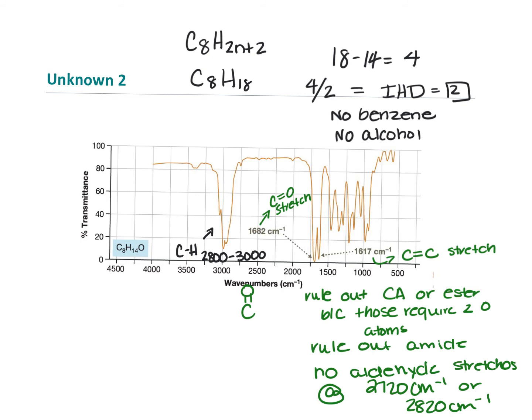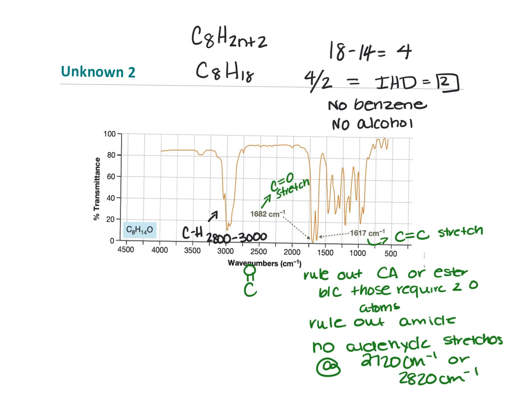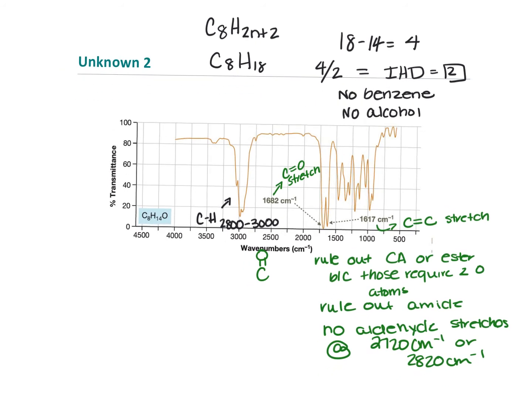Trying to think if there's anything else that we would suggest. So there's not much else here that is suggested. So it could be a ring, right? But it's probably not super likely. It might be a conjugated ketone.